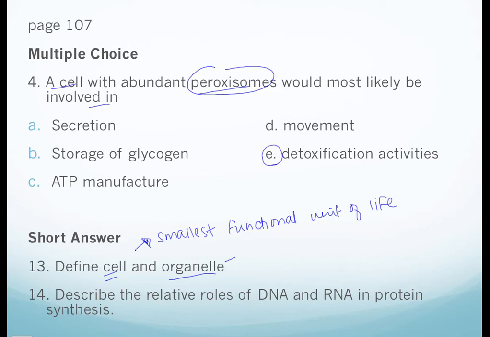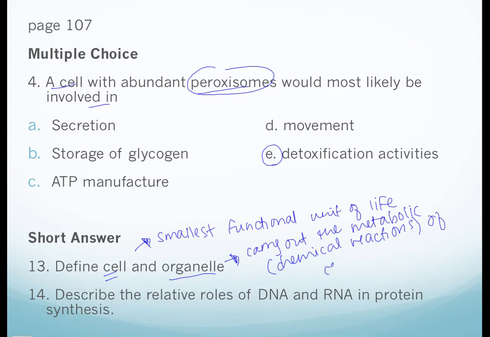And so organelles carry out the metabolic and chemical reactions of cells. Okay? And so that's how those organelles and cells work together.